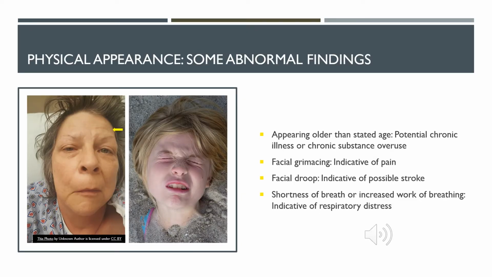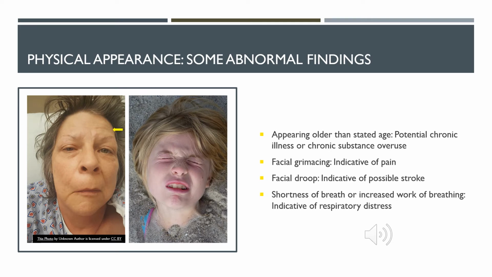Some abnormal findings that you might identify in the physical appearance category of the general survey is perhaps the patient looks older than their stated age. This could indicate that the patient has some type of substance abuse or chronic illness. Does the patient have facial grimacing, like this picture on the right-hand side?